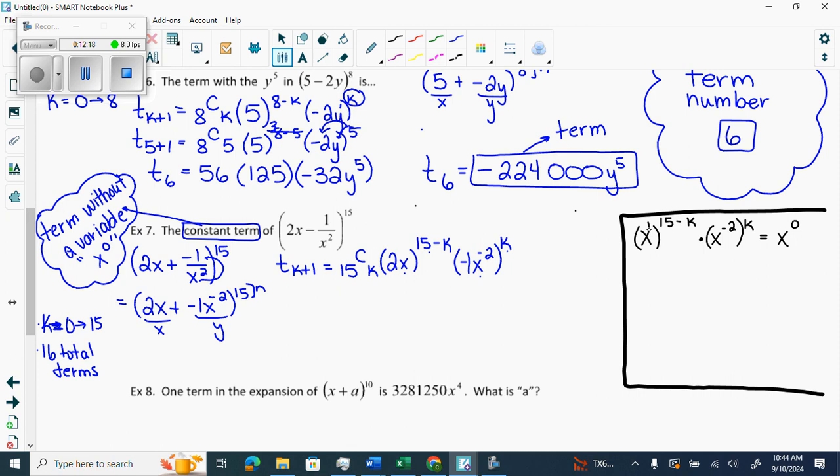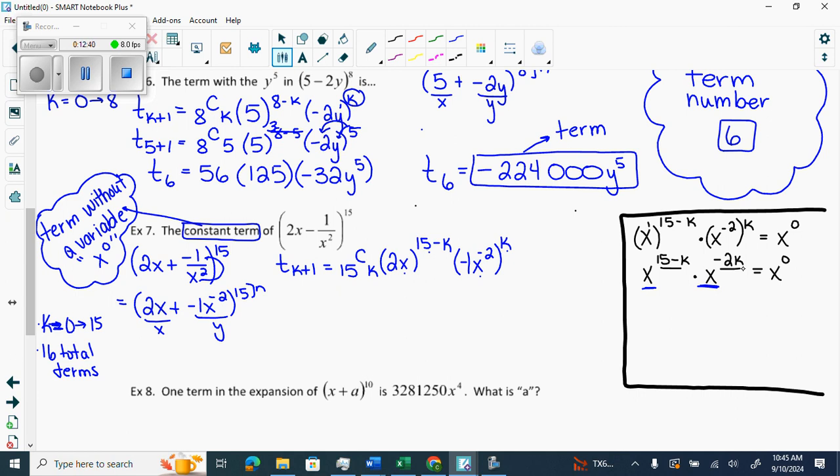So, let's distribute through. This is a 1. If I distribute it into this, I'm just going to get x to the 15 minus k. And times, if I distribute the negative 2 in, I get x to the negative 2k. And it equals x to the 0. You guys already told me this. When I have two bases and two exponents, what do I do with those exponents? You add them.